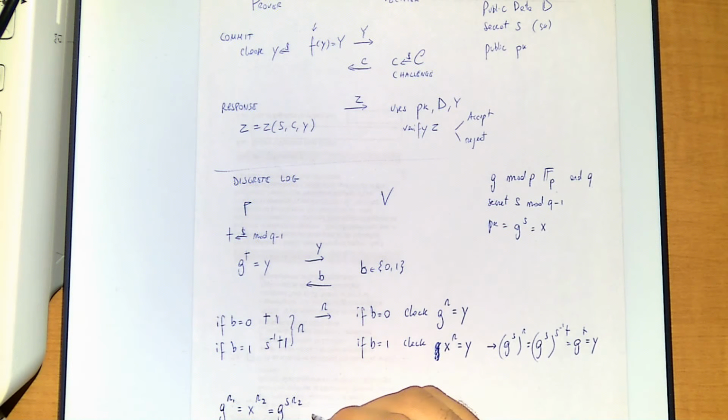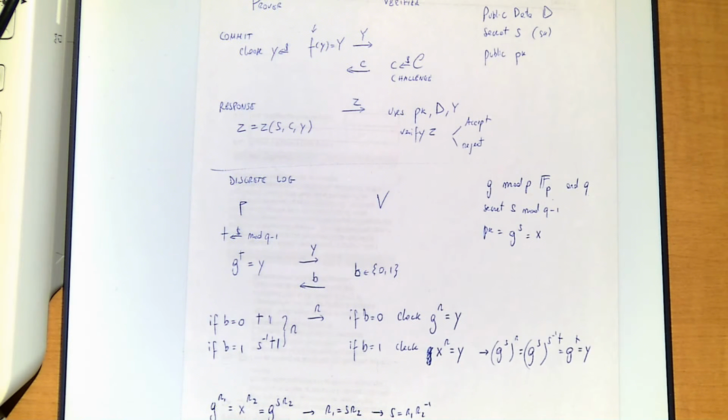And this means that R1 is equal to S R2, modulo P minus 1, whatever, Q minus 1. And therefore, you can easily get S as R1 times R2 inverse. So if you were able to answer both, then you can solve discrete logarithm, essentially.